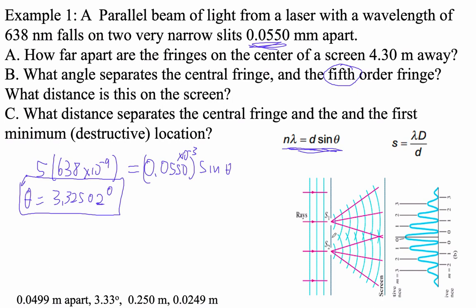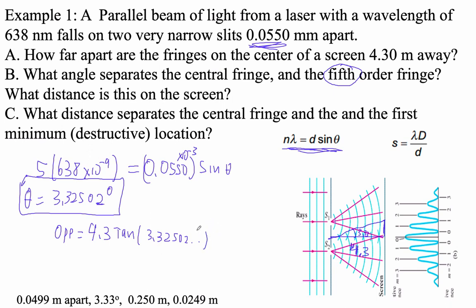Let's do the trig way first. So this is 4.3 meters, and we're trying to figure out this distance here. That angle now is 3.33 degrees, a respectable angle. Opposite side is the adjacent side, which is 4.3, times the tangent of 3.32502 degrees.